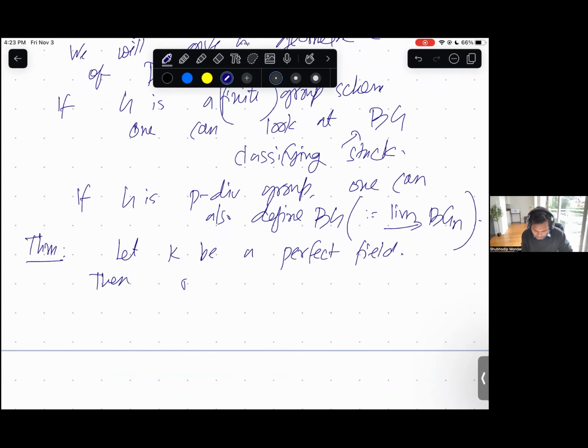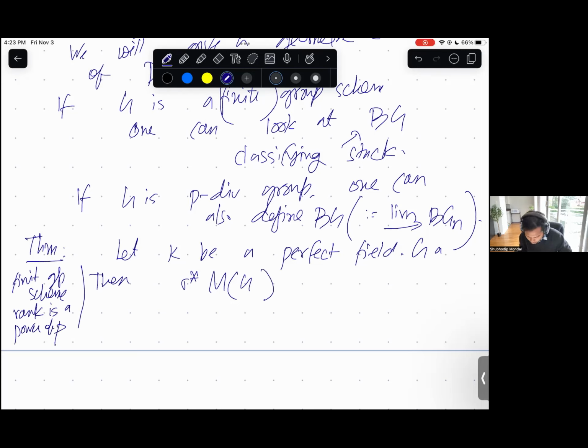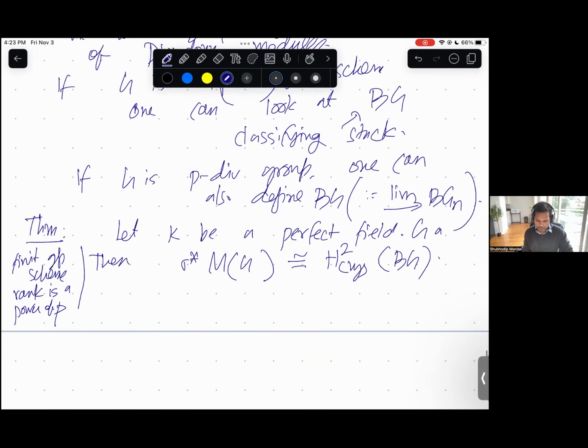Then, let G be a finite group scheme whose rank is a power of p. The Dieudonne module of G is naturally isomorphic to the second crystalline cohomology of BG.